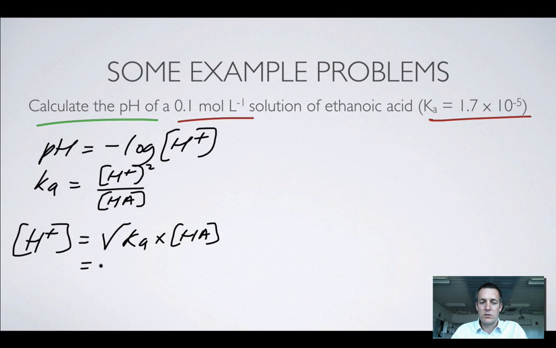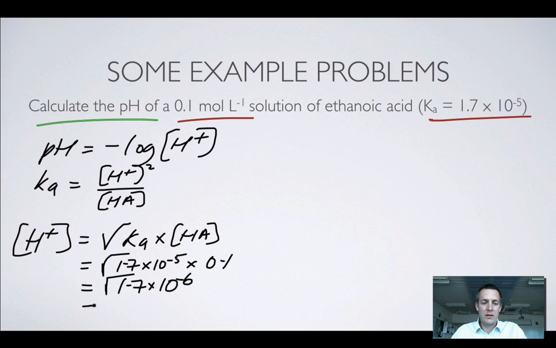And that equals the square root of 1.7 times 10 to the minus 5 multiplied by 0.1. And without using my calculator actually here, I'm going to say that that's the square root of 1.7 times 10 to the minus 6.